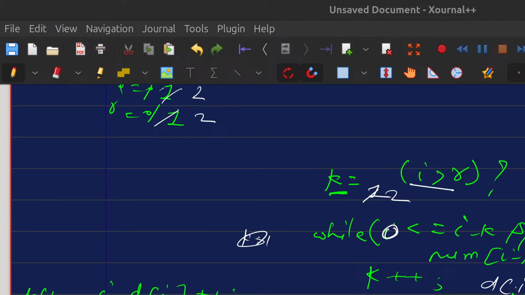Okay, let's try to do this solution first, guys. Then we can check if it works or not. Right.